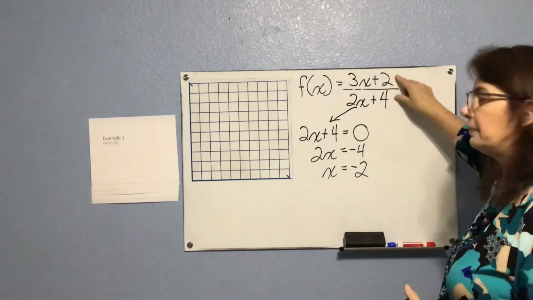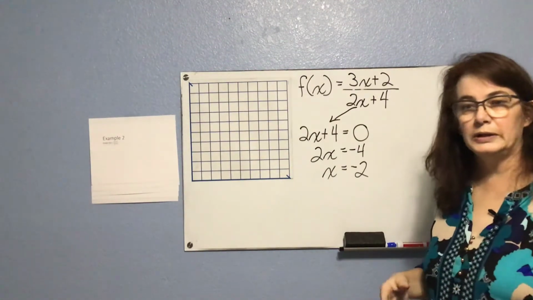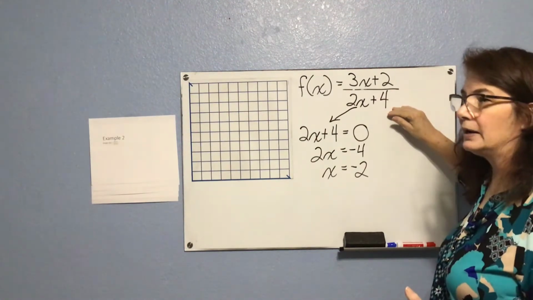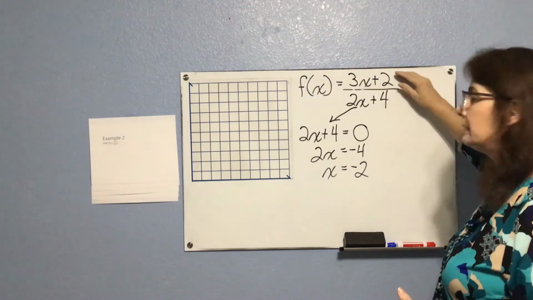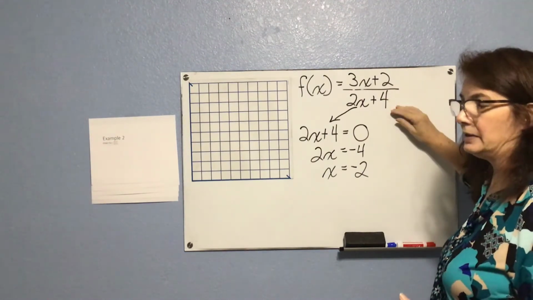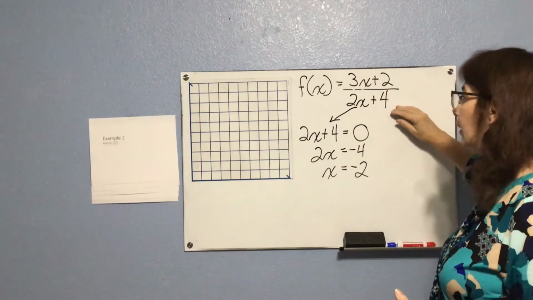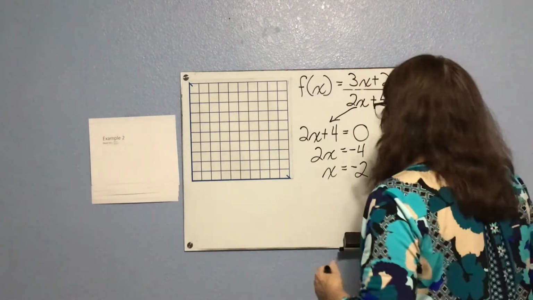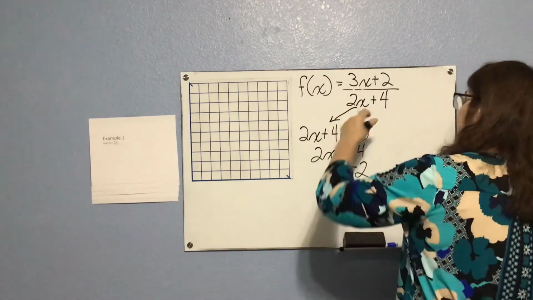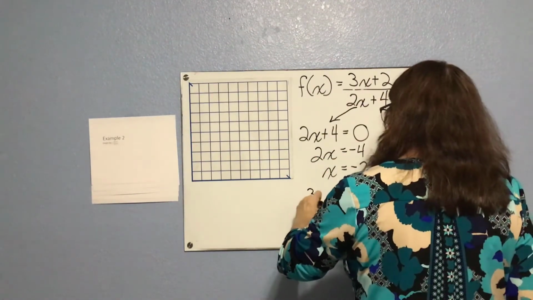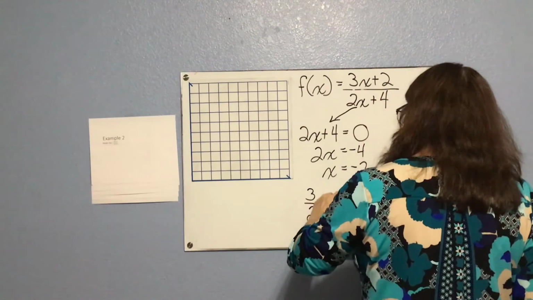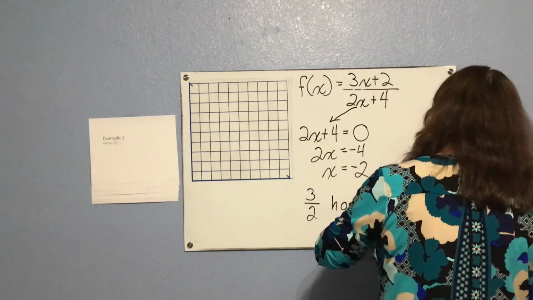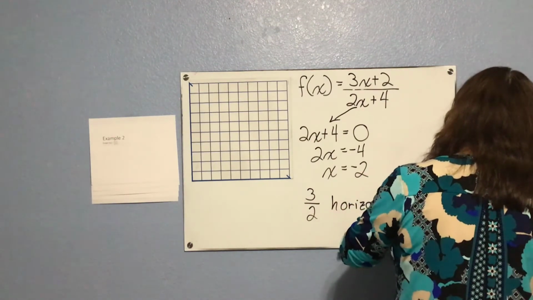At that point, the plus 2 and the plus 4 really don't matter. 3,000,002 divided by 2,000,004 is essentially the same as 3,000,000 divided by 2,000,000, which would be 3 over 2. And we call this the horizontal asymptote.